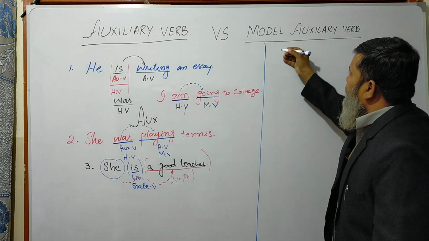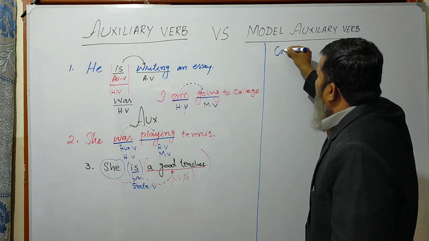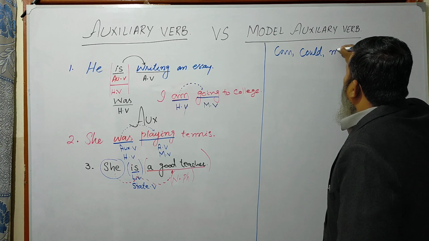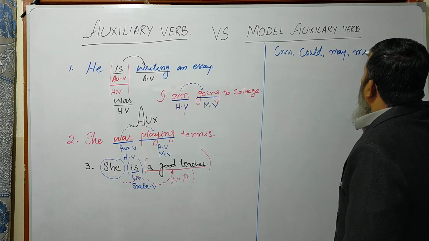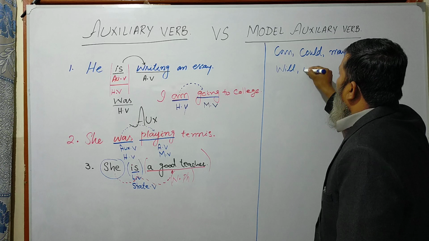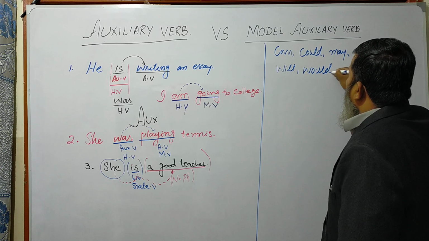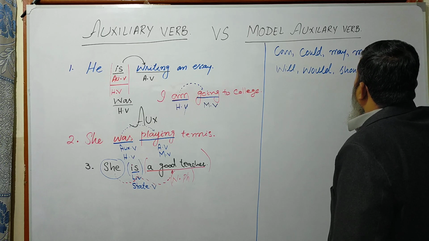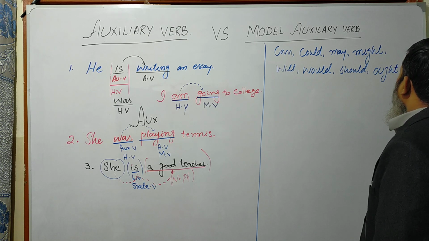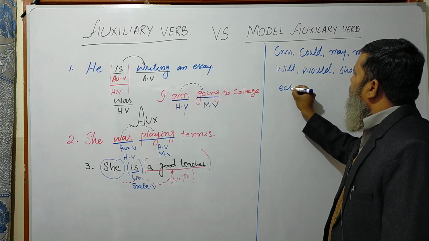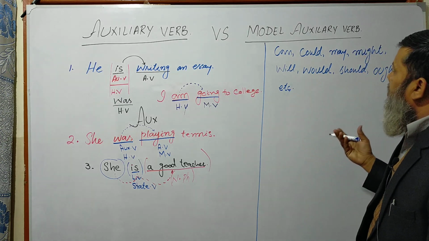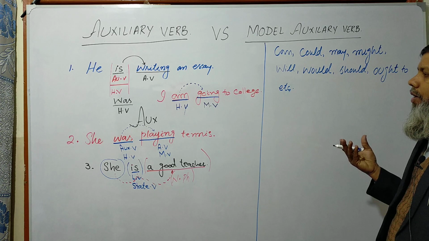Modal auxiliary verbs can be: can, could, may, might, will, would, should, ought to, etc. I have given you some modal auxiliary verbs here.